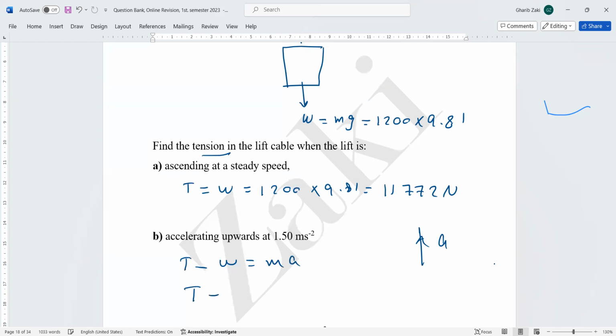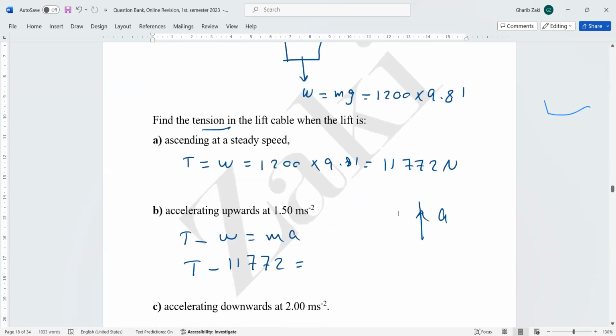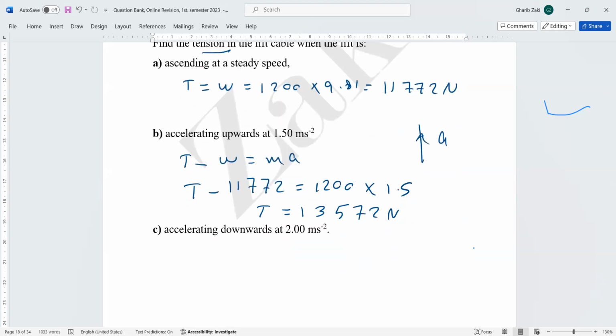So the tension minus 11772 equals the mass, which is given, 1,200, multiplied by 1.5. So the tension equals 11772 plus 1200 multiplied by 1.5, which is 13572 Newton. When it accelerates downwards, the weight is more than the tension.